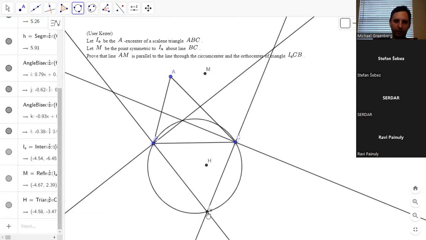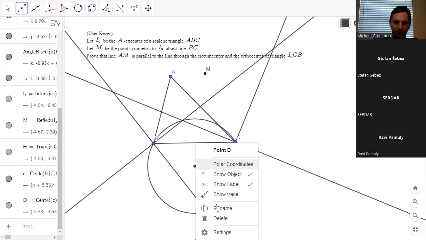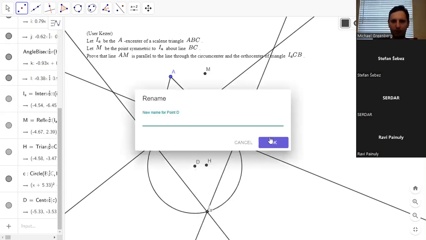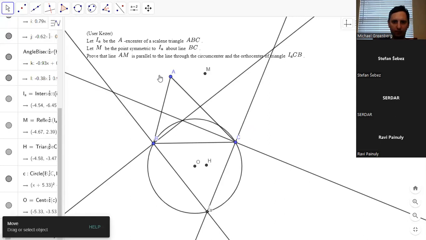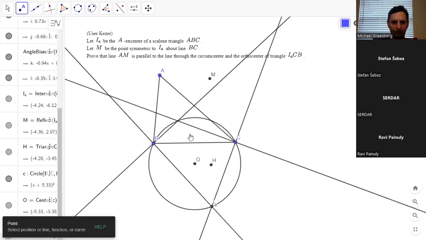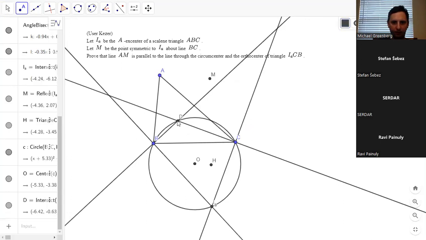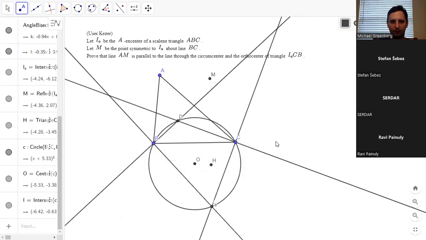We want to show that AM is parallel to the Euler line of this triangle. Call it O. We want to show that AM is parallel to OH. And we could draw the incenter here. Call it I. It's kind of an interesting problem.